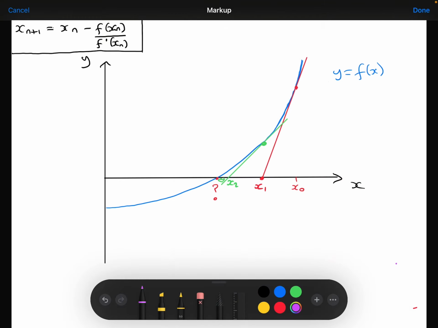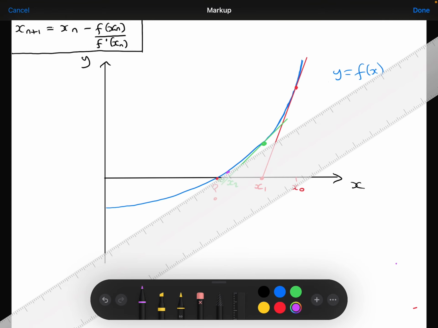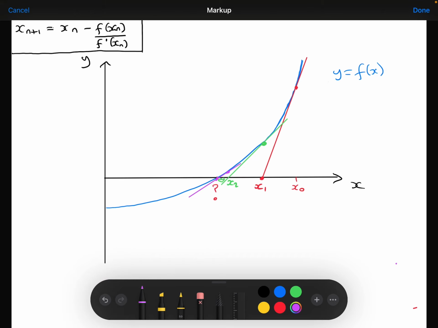I could draw another tangent at x2 here. And let's find out where that tangent intersects the x-axis. Well, x3 seems to be almost exactly the root that I wanted to find.